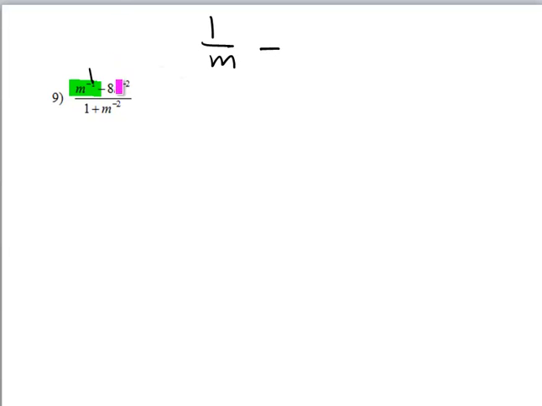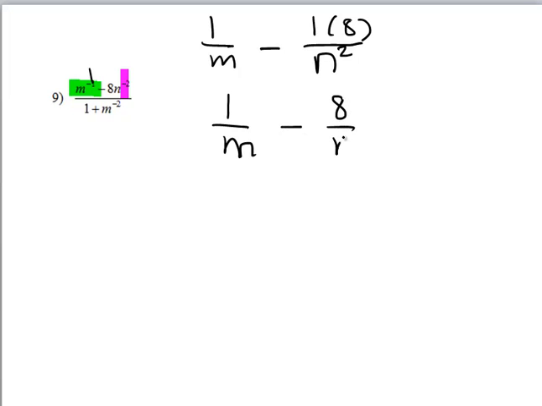Minus, make me a reciprocal, n to the second times, here's my 1, times 8. So what I'm going to have here is 1 over m minus 8 over n squared.